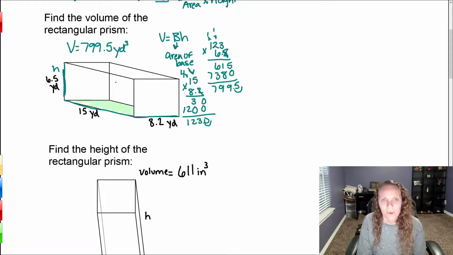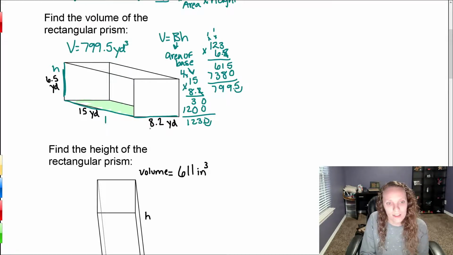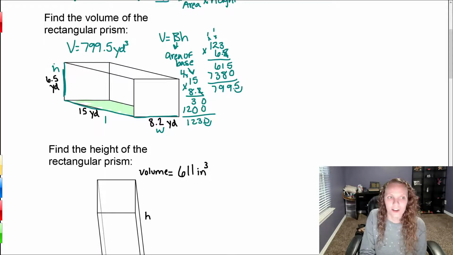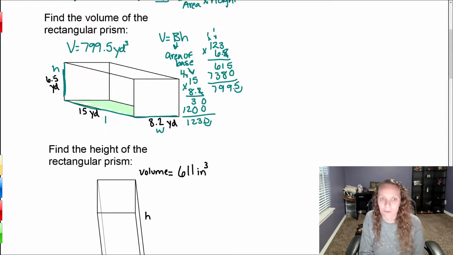Remember, there's also another formula that we could have used, and that's called length times width times height. And that's the same thing that we did. We took the length times the width, that answer, and multiplied it by the height of the prism.